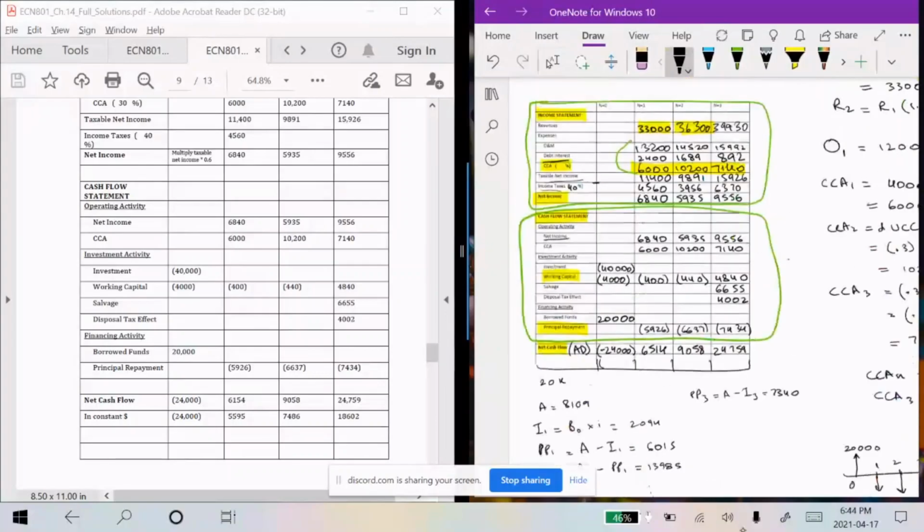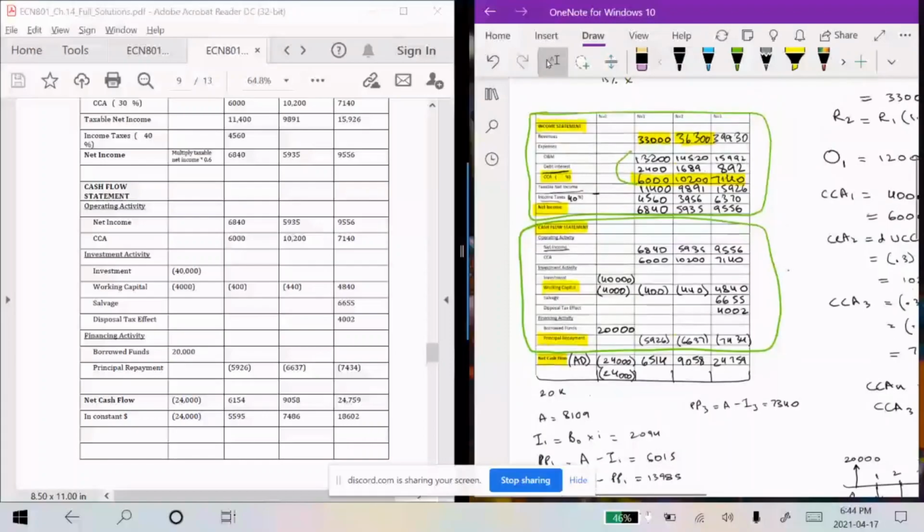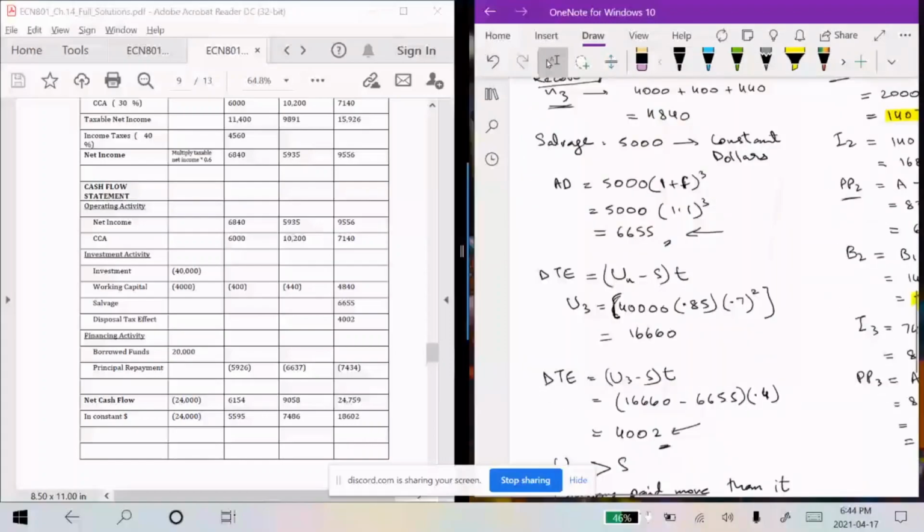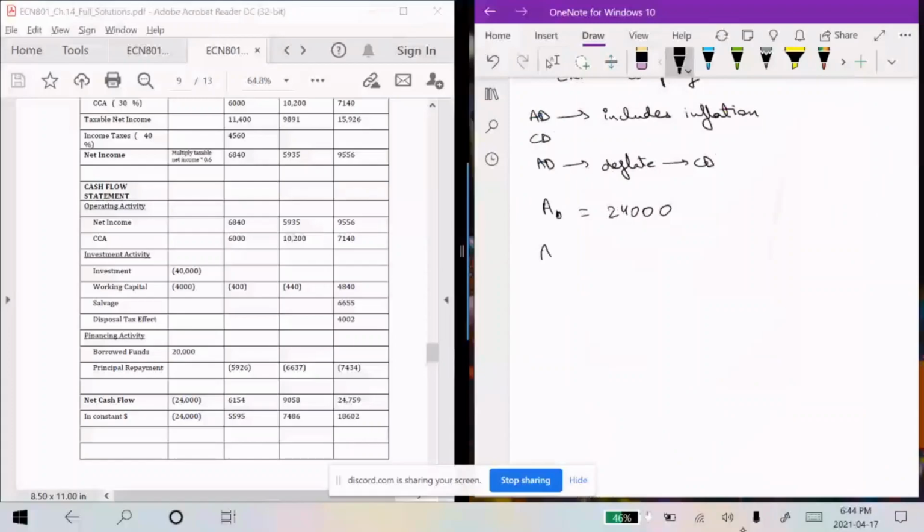Minus 24,000. Okay. Second one, 6514. It's in the first period. So this is A0, A1 equals 6514 into 1.1 raised to the power minus 1. You do this, 6514 divided by 1.1, get 59.